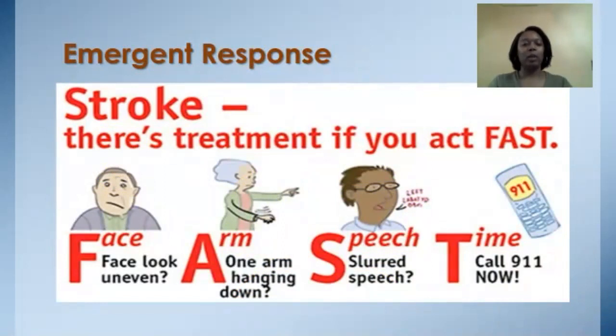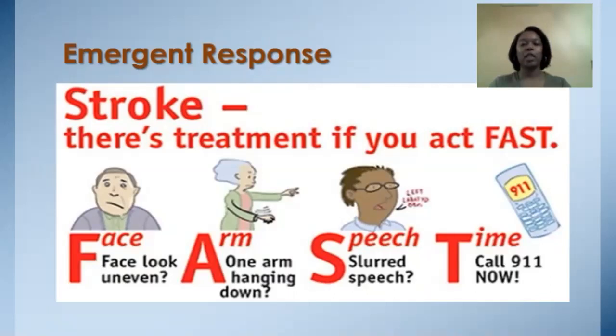FACE, which stands for F in FAST. Does the face look uneven? And often the nurse will ask the patient to smile. And sometimes you don't need them to smile just to see the droop. Arm stands for A in FAST. One arm hangs lower than the other. If you ask the patient to raise their arm, one drifts.